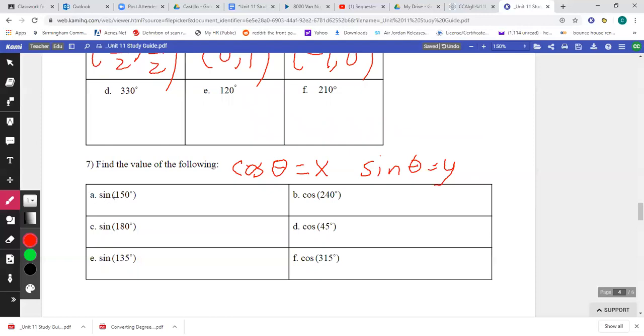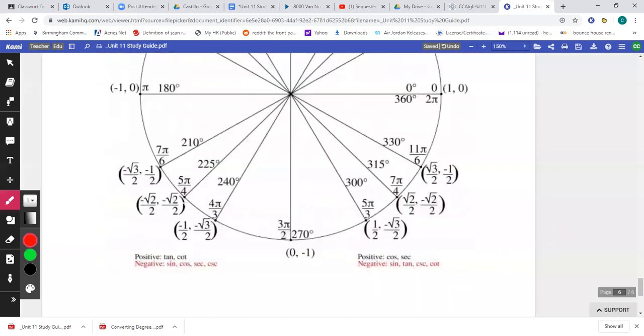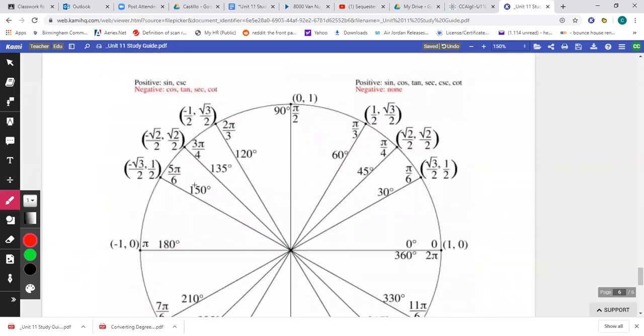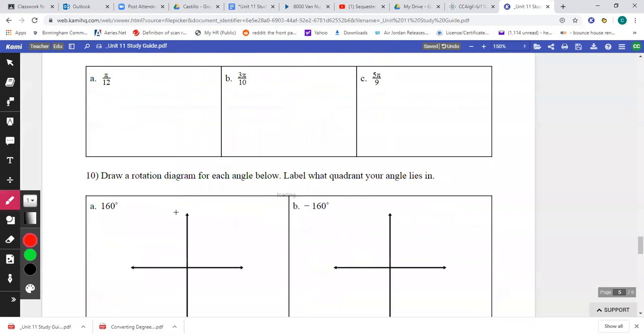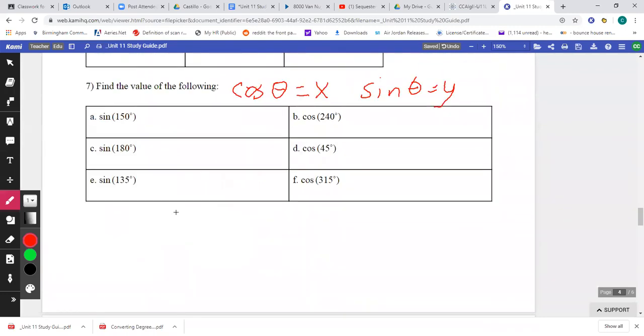Look, sine of 150, sine is y. So you go to your unit circle, you find 150, you have 2 things here. However, since you're doing sine, sine is just the y value. The y value is 1/2. So the sine of 150 is 1/2.